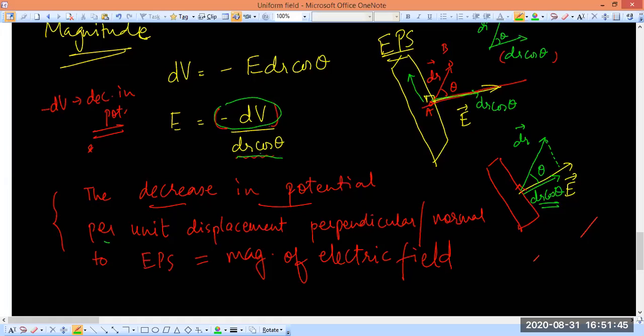Again, decrease in potential means minus dV, that divided by dr cos theta, which is displacement perpendicular to equipotential surface, right? Then that division gives you magnitude of electric field, right? Okay, I hope it is better now. Aman, if you have not understood everything, you could ask, no problem with that.